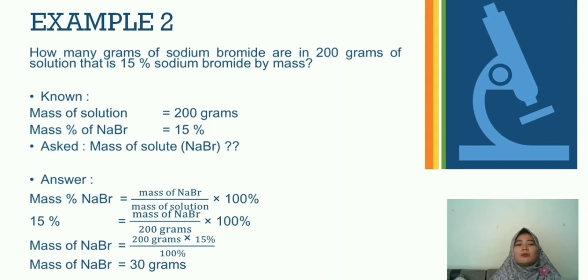For the answer, for finding the mass of sodium bromide, you can multiply the mass percent of sodium bromide with the mass of solution and divide it by 100%. The mass of solution, 200 grams, times the mass percent of sodium bromide, 15%, divided by 100%. So the mass of sodium bromide is 30 grams.